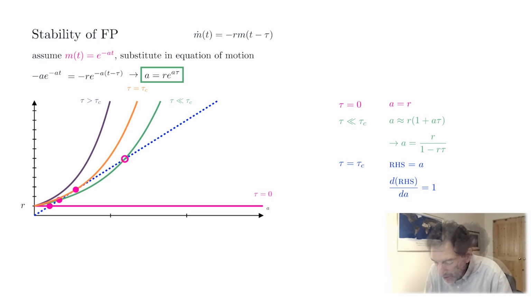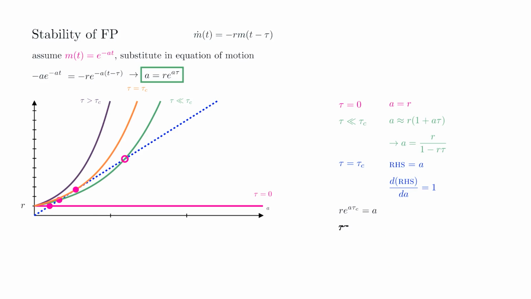That means that the curve r e to the a tau comes tangent to the 45-degree line. So if we just do that simple algebra, we have r e to the a tau is equal to a. That's the first condition. And the second condition, if we differentiate with respect to a, we bring down a factor tau, so we get r tau e to the a tau is equal to 1. And if we divide these two equations by each other, we get tau c is equal to 1 over a.